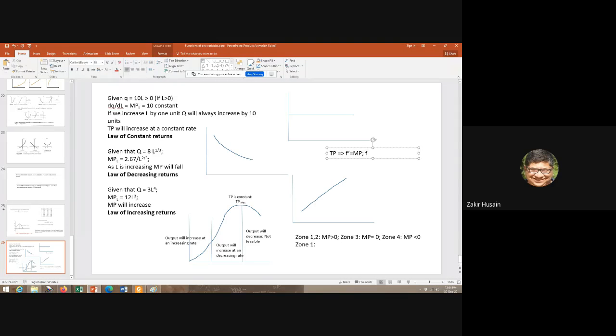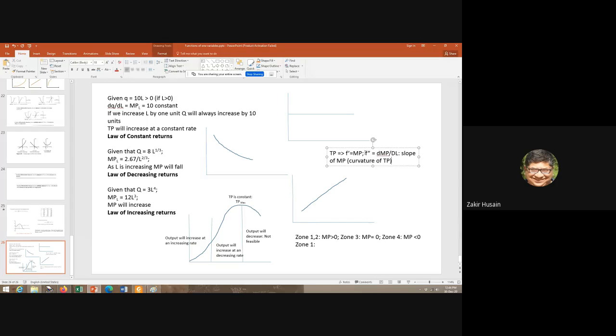If you take F double prime, this is dMP by dL. This is the slope of MP. It also gives the curvature of TP.